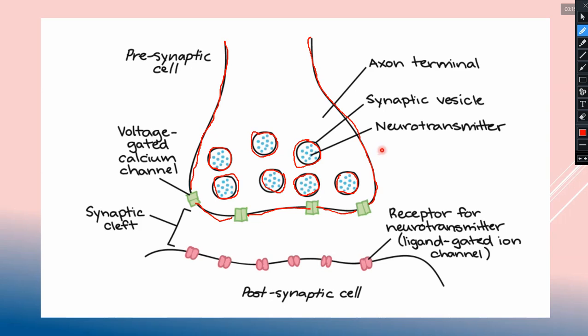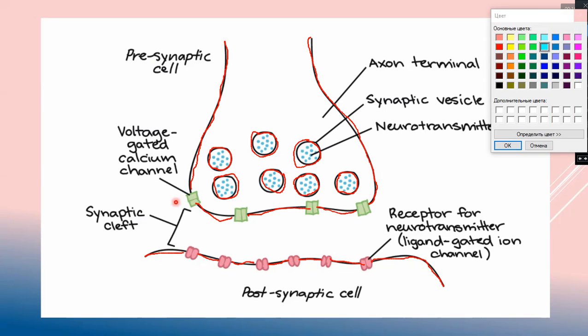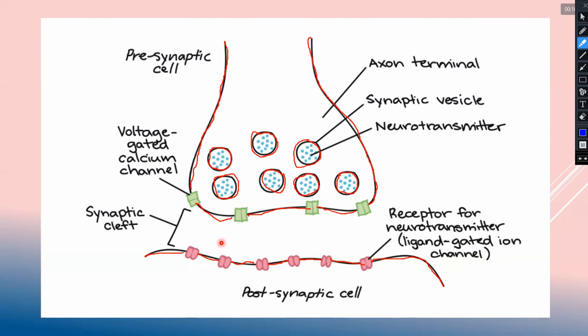These circles we call synaptic vesicles. Then on the presynaptic membrane you write voltage gated calcium channel, which means it is a channel for Ca2+ calcium. You leave a space between the two cells, which we call the synaptic cleft. You can see on the postsynaptic cell the receptor for neurotransmitters.